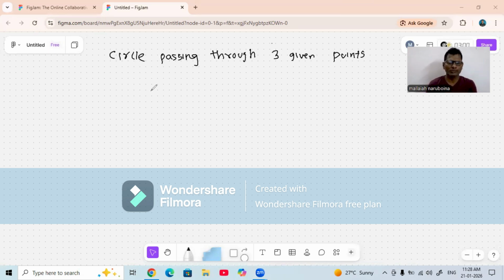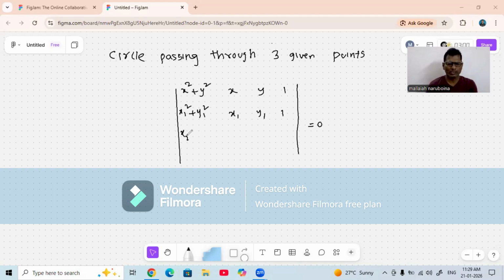So for that we use the determinant method. Using the determinant, we can find the equation. Here write x square plus y square, here x, here y, here put 1. Then x1 square plus y1 square, x1, y1 and 1.